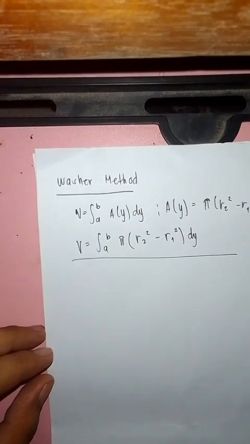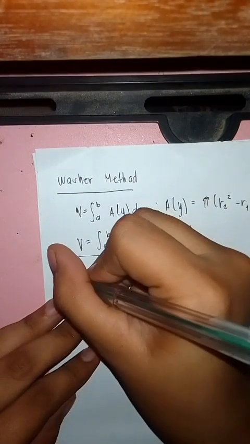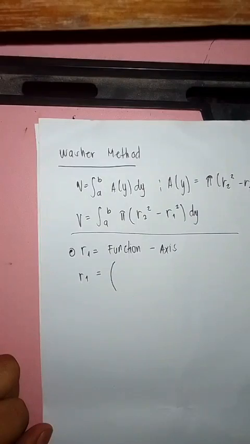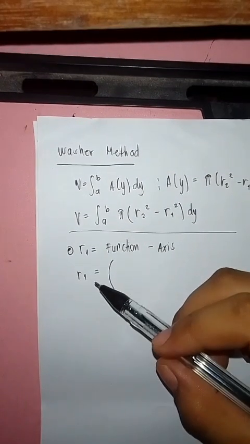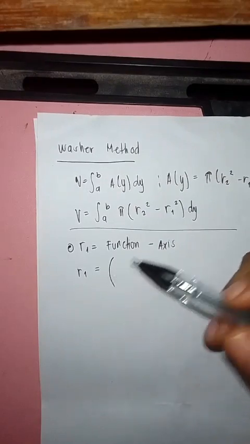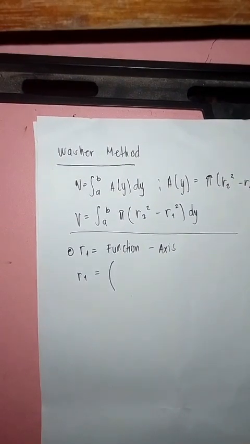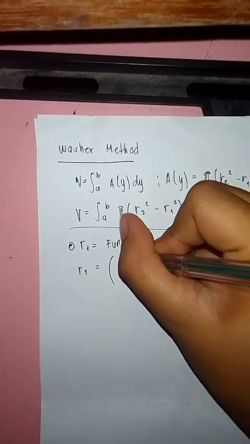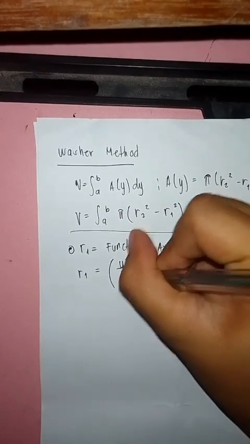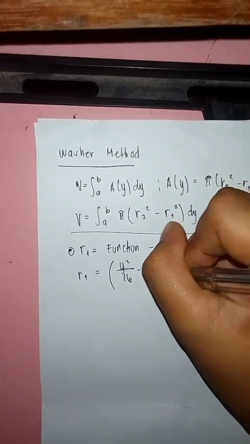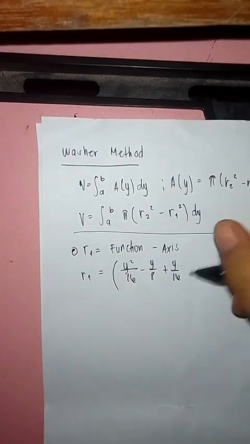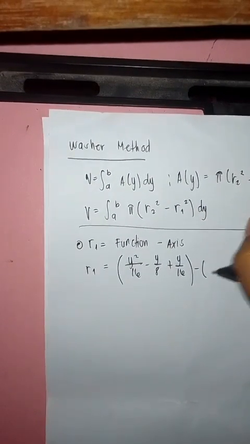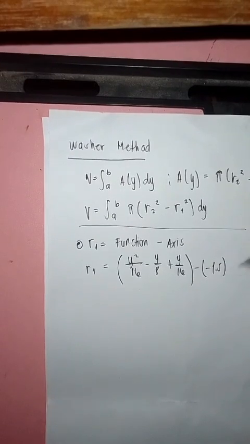So this will become now our formula. First, we're here now in getting the r sub 1. So our r sub 1 is function minus axis. So this is y squared over 16 minus y over 8 plus 1 over 16 minus the axis, which is negative 1.5.